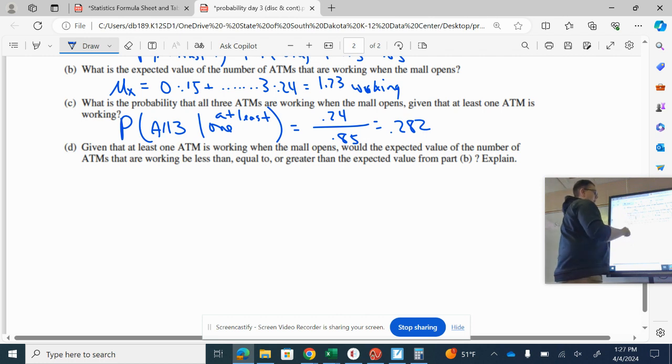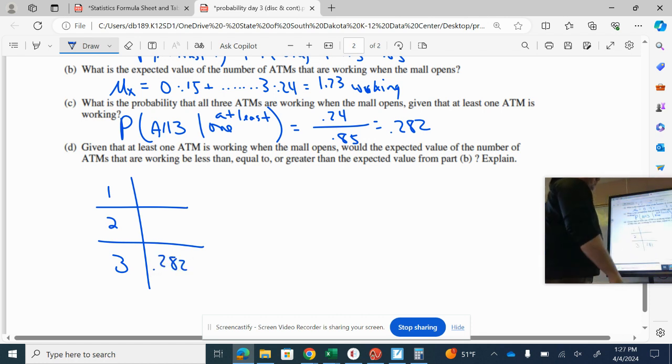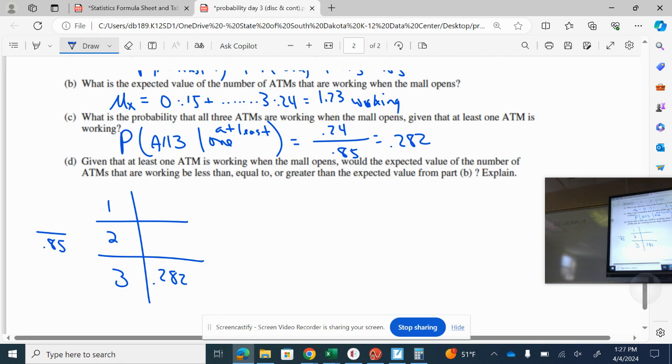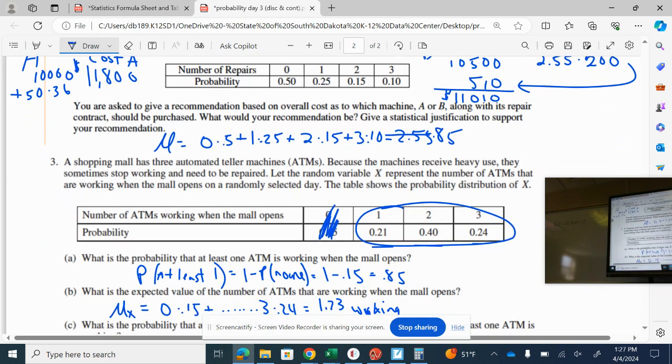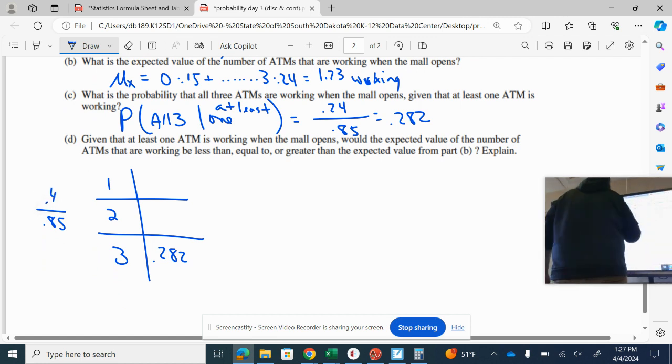So this one is kind of tricky. This became 0.282. So what we should do is take the 85 and calculate the given for this one, which would be 40 out of 85. And then calculate the given for this one, which is the 21 out of 85.